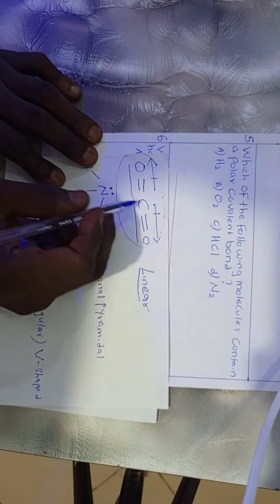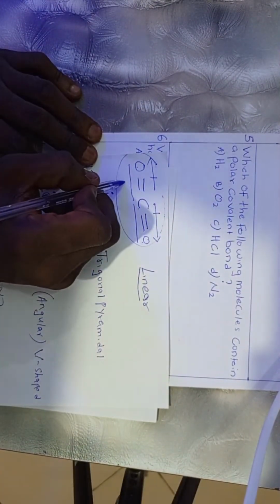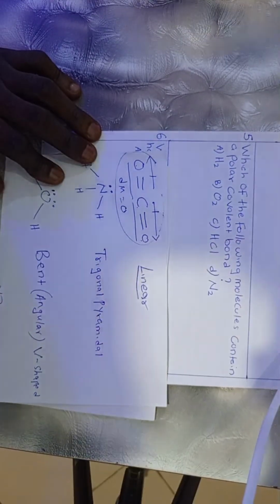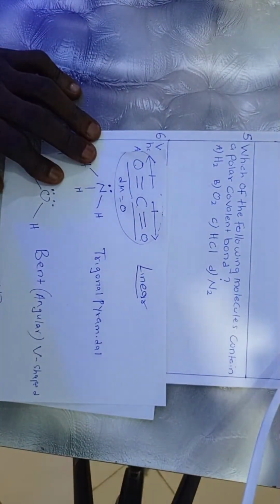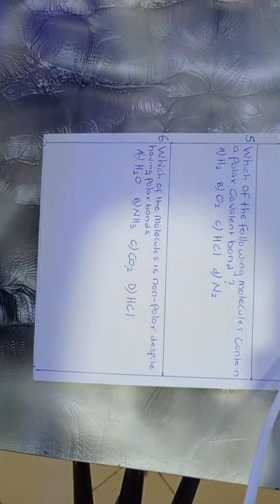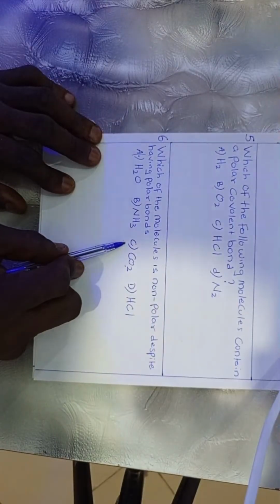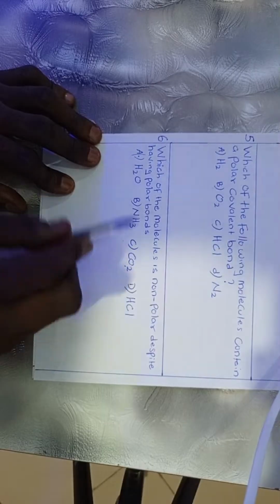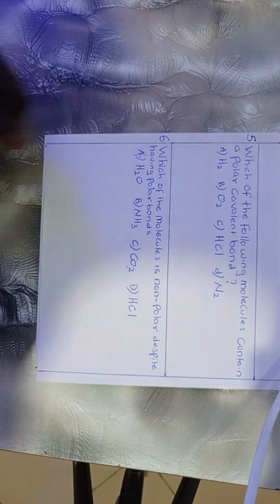In other words, the dipole moment here is equal to 0. So any molecule that has a 0 dipole moment is a non-polar molecule. All right, so the correct answer to question number 6 is option C, CO2. So CO2 has polar bonds, but the molecule is non-polar. So going to question number 7.